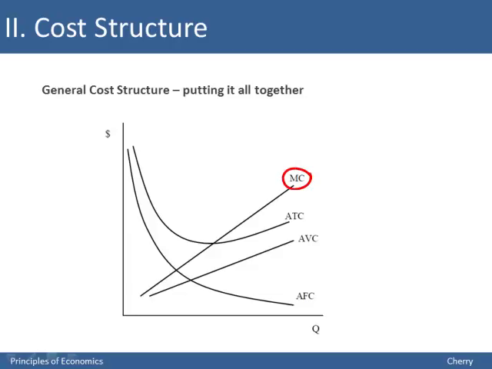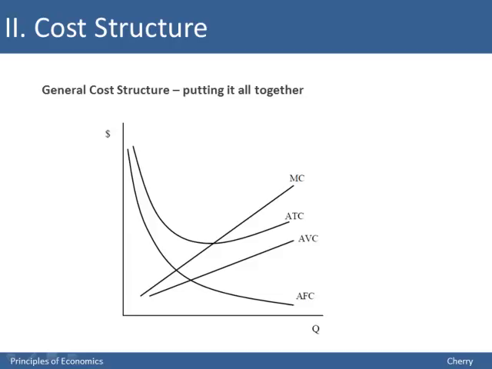And then you have the marginal cost curve. And like I said, that's upward sloping because of that average variable cost and fundamentally because of that diminishing marginal product. All right, one last thing to keep in mind is if you notice, marginal cost increases and crosses average total cost.